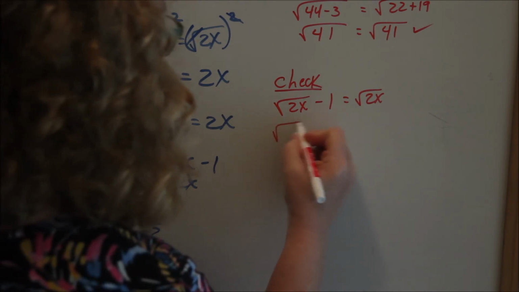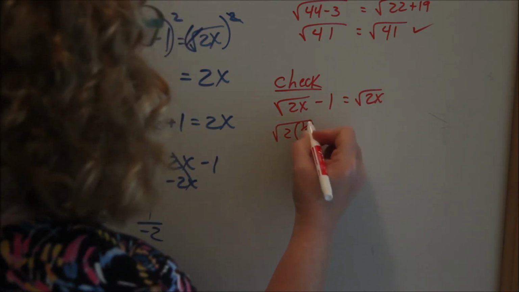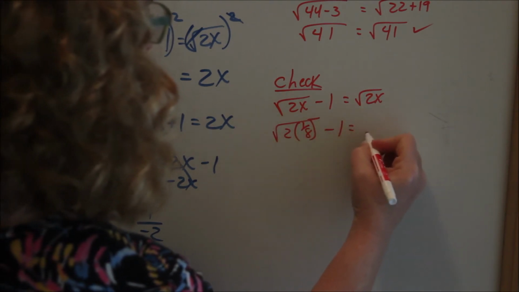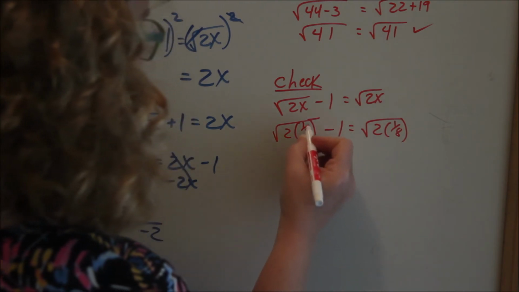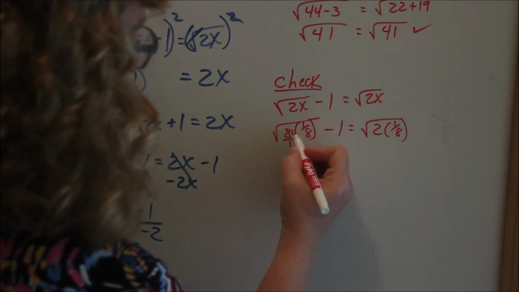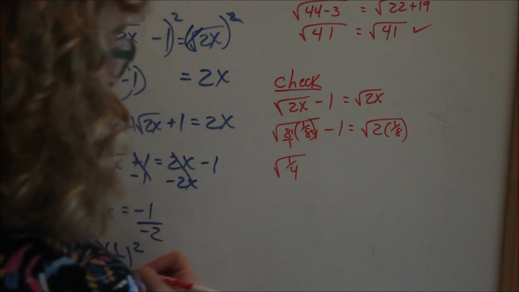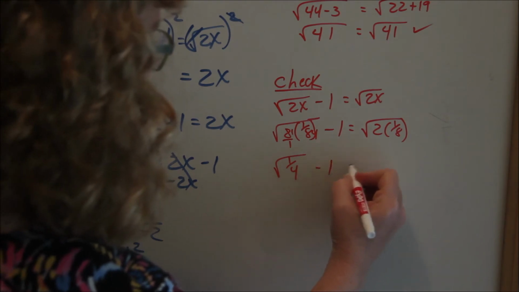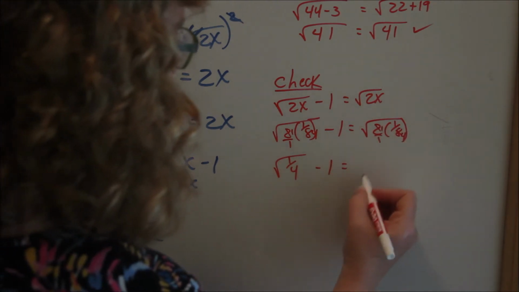So square root of 2 times 1/8, I'm putting in 1/8 for x, minus 1 equals square root of 2 times 1/8. 1/8 is a fraction, so I can make that into a fraction. These cancel. 1/4. So that would be the square root of 1/4 minus 1 equals, same thing, this becomes a 1, that becomes a 4, so that would be the square root of 1/4.